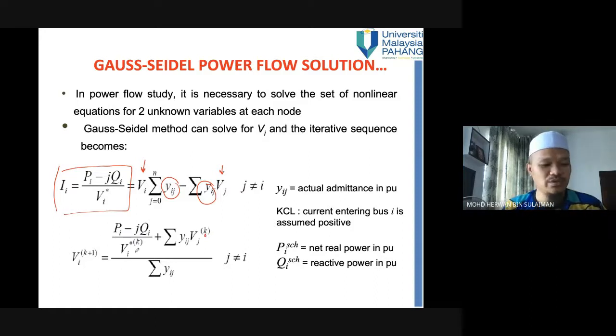Since we need to do it iteratively, in terms of KCL the current entering the bus is assumed to be positive and leaving the bus is assumed negative. Pi schedule is the net real power in per unit, and Qi schedule is the reactive power in per unit.